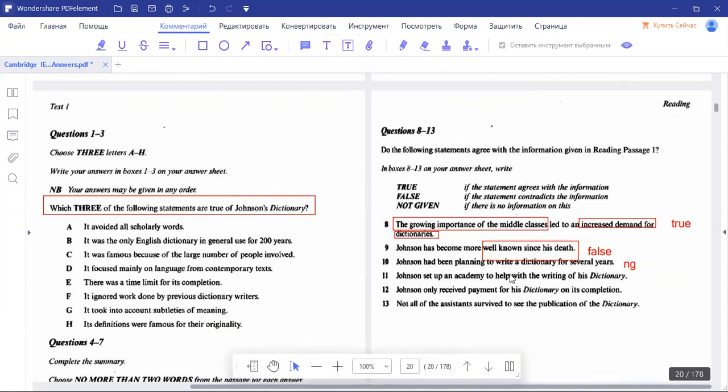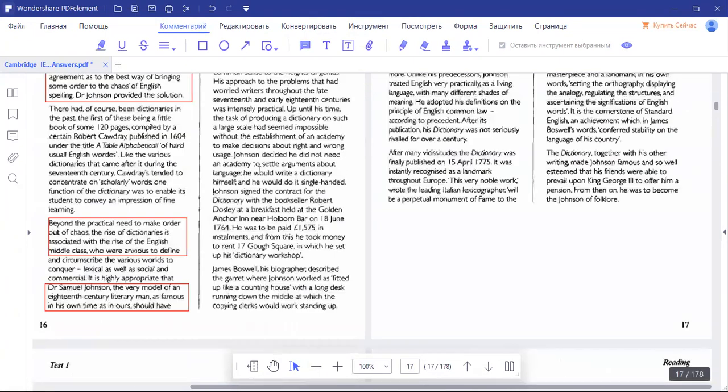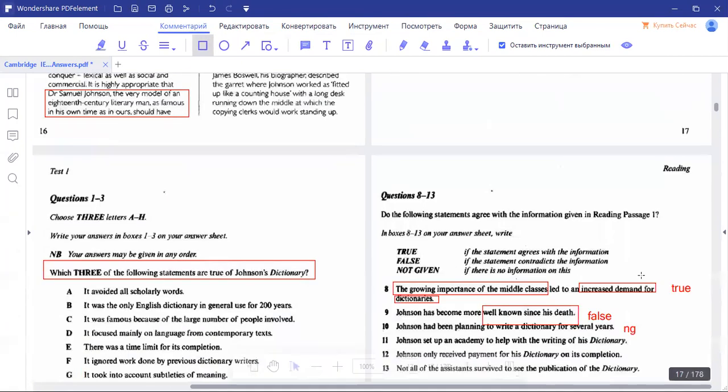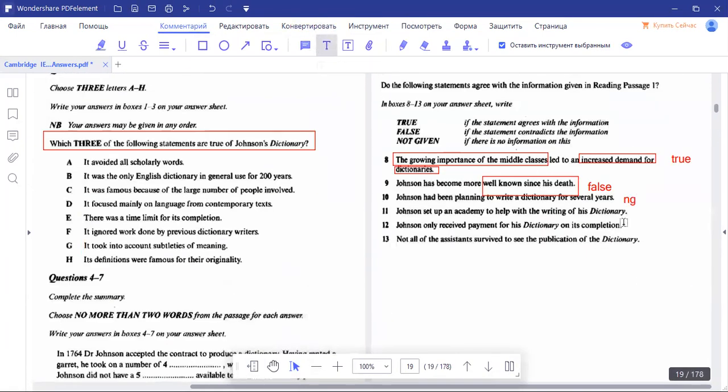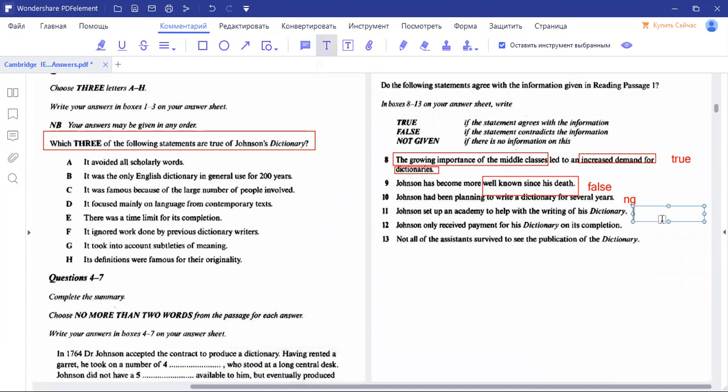Johnson set up an academy to help with the writing of his dictionary. But as we can see here, he did not need an academy. Next, Johnson received payment for his dictionary on its completion.